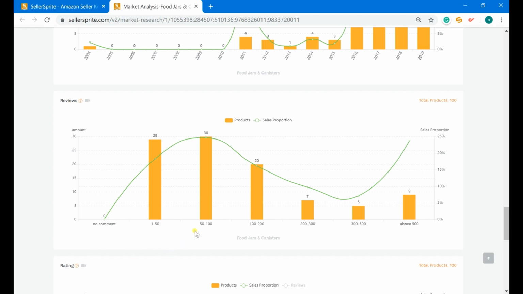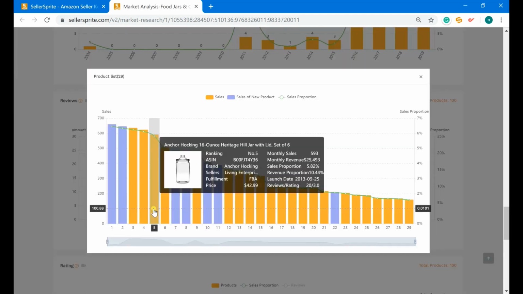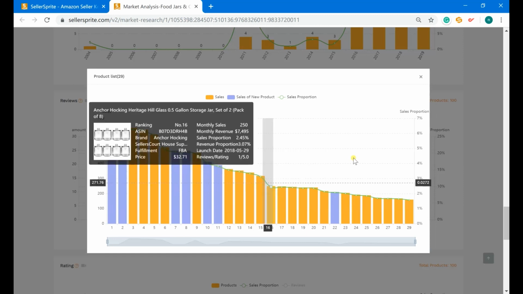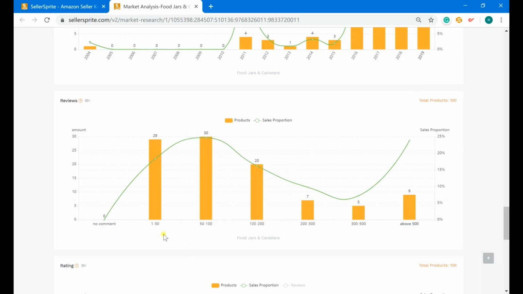That is, 59 out of 100 products have less than 100 reviews, and they occupy a good market share, indicating that new listings with few reviews can compete with other products at the early stage of entering this market. As you can see, most of the new products are in these 2 ranges.